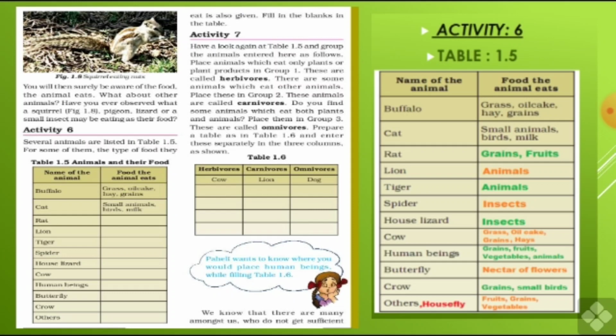What does a butterfly eat? A butterfly sucks the nectar of the flower. What does a crow eat? A crow eats grains and small birds. Others like the housefly. What does a housefly eat? Fruits, grains and vegetables.